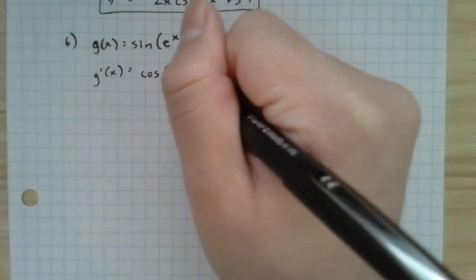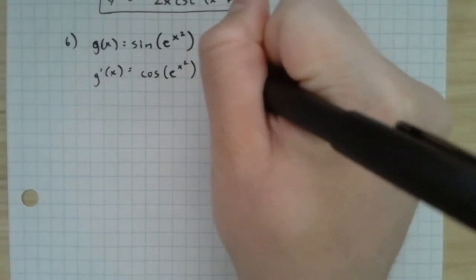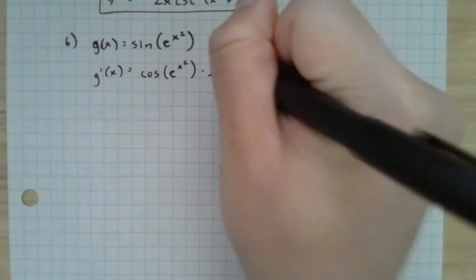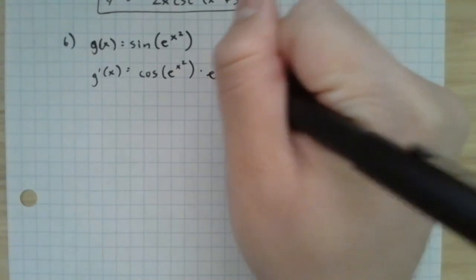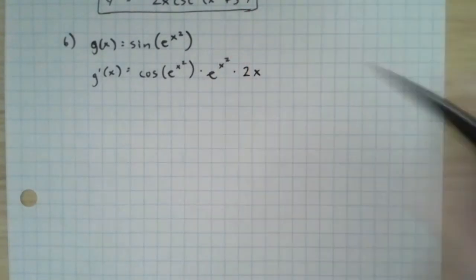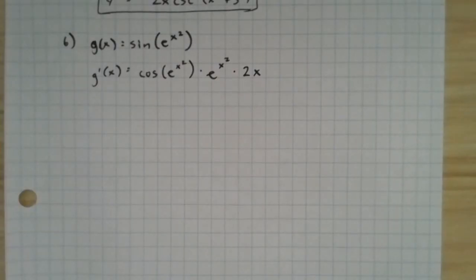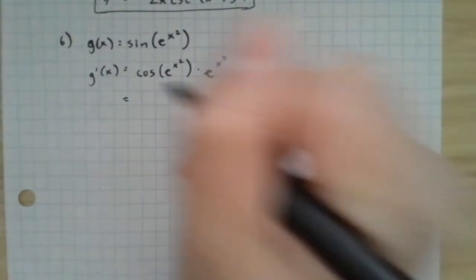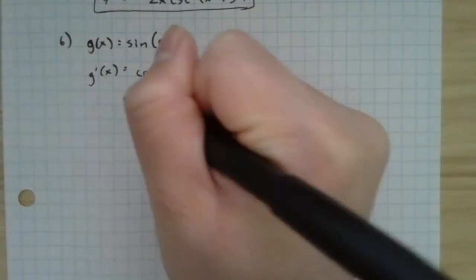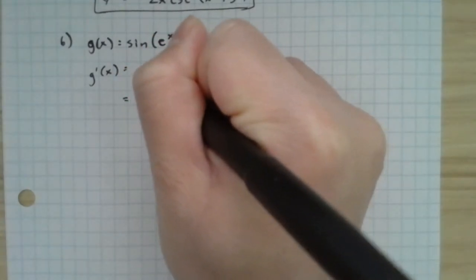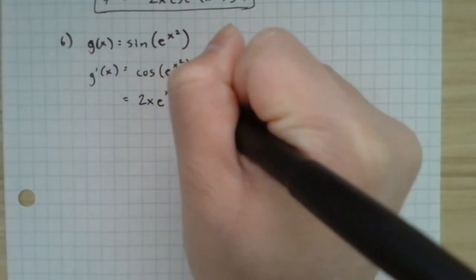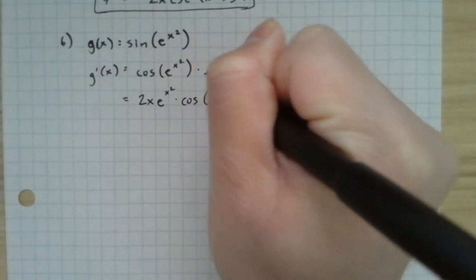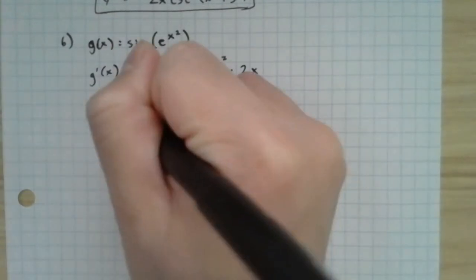The derivative of e to the x squared would be e to the x squared times the derivative of that exponent, which is x squared. The derivative of x squared is 2x. So then put all this together. You want to move those terms to the front there: 2x e to the x squared times cosine of e to the x squared.